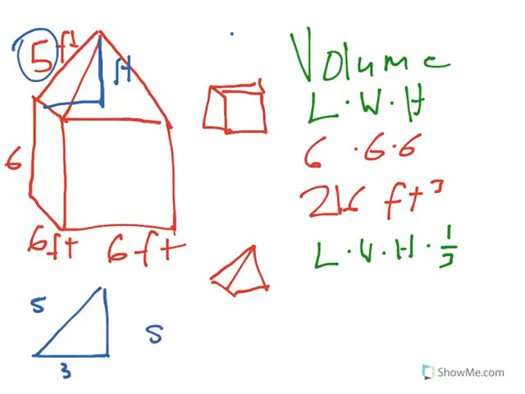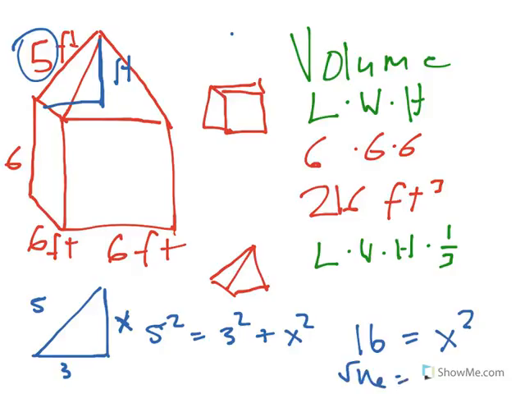It would be 5 squared is equal to 3 squared plus x squared. We'll call the height x. So after we separate it, you have 25 minus 9, which equals 16, which is equal to x squared. So then you take the square root of 16, which is equal to 4. So your height is equal to 4.